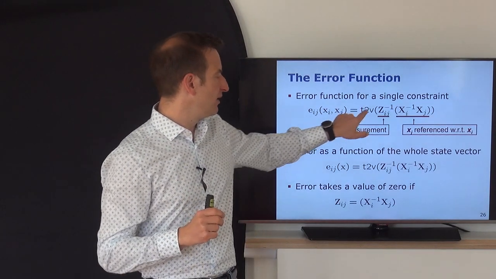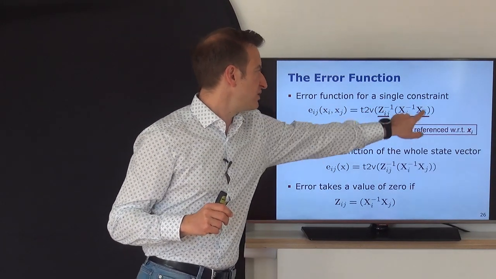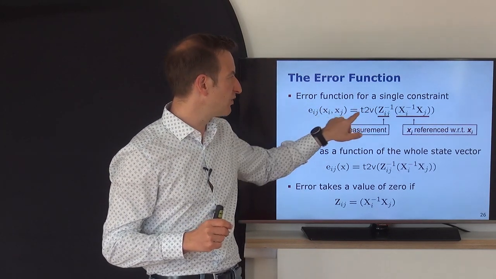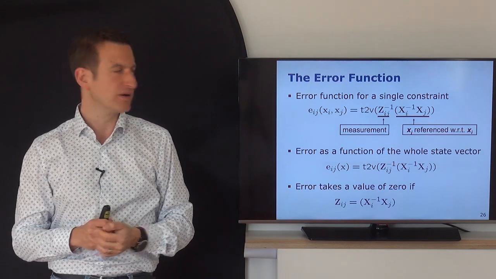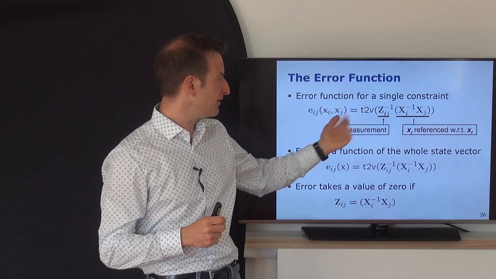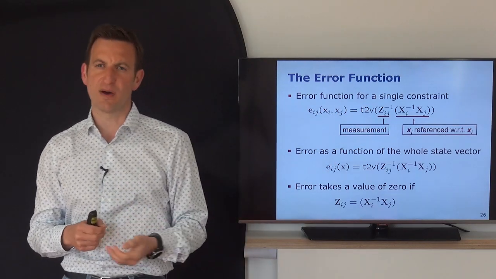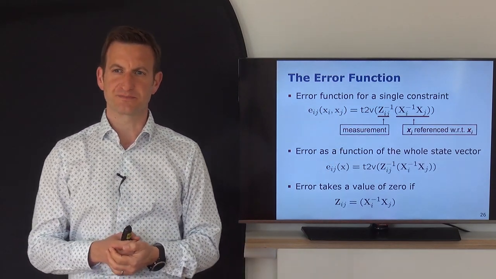Because this is again a transformation matrix, and we need to put it in vector form in order to put it into our least squares problem, that's what this T to V stands for. So in this example, in the 2D plane, this gives us a three-dimensional vector with x, y, and one orientation constraint.